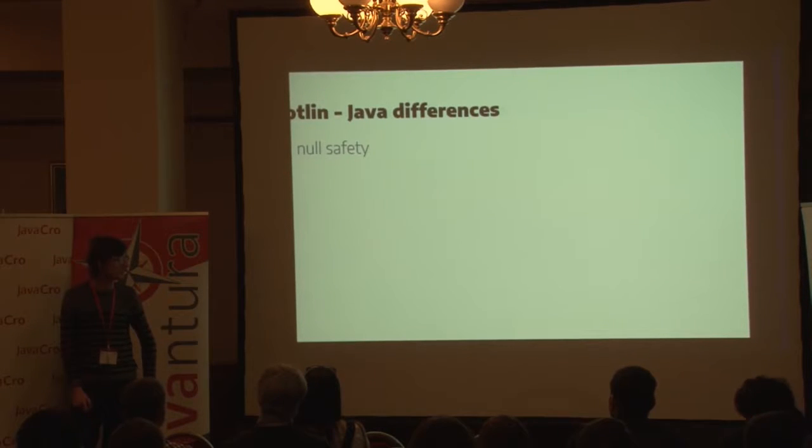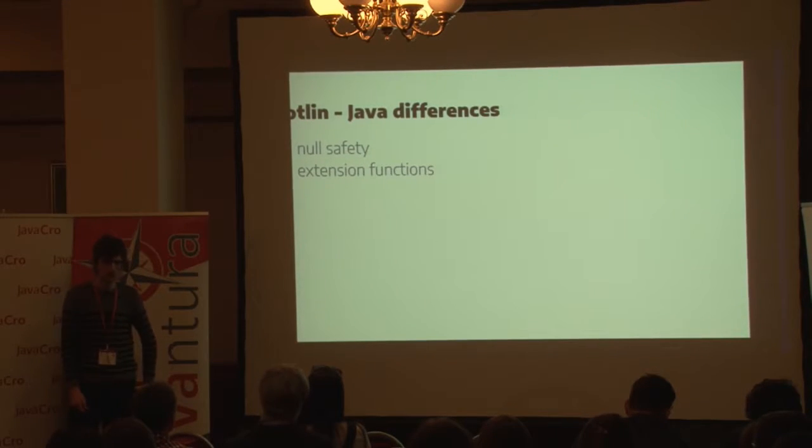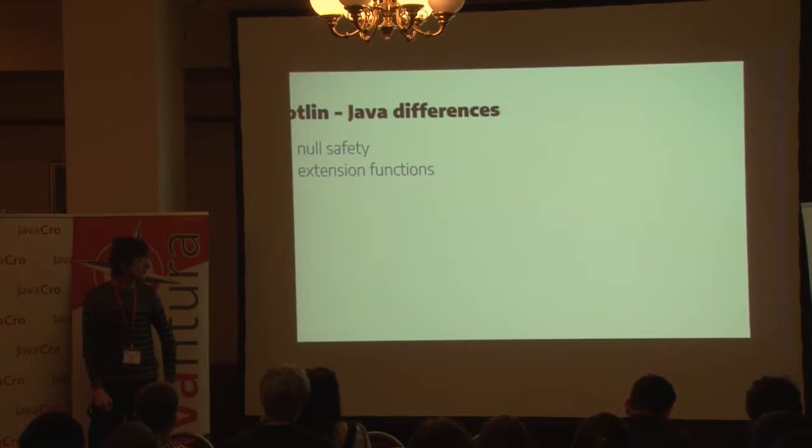It's part of the language, whereas in Java anything goes and anything is nullable. Then you have extension functions, which means that you can extend existing classes with new functions without actually extending them. Related to that, you also have top level functions and other code which in Java doesn't exist. There you need to have all code in classes.